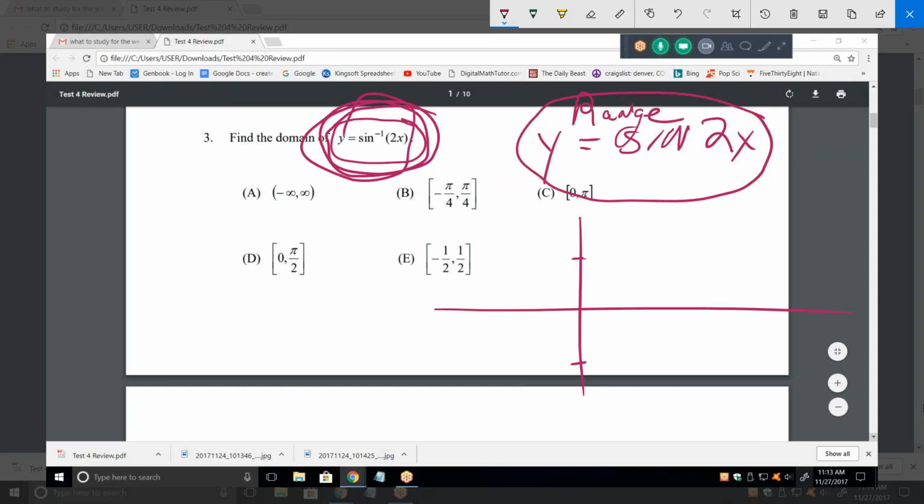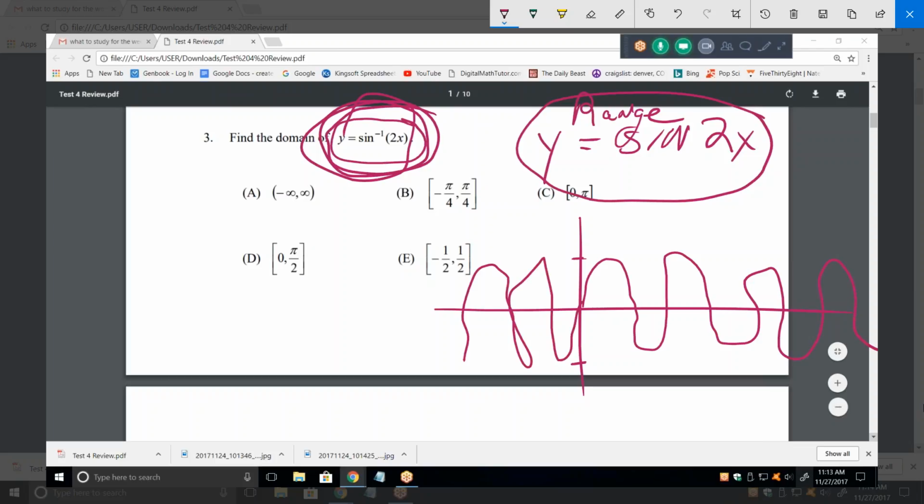So I don't really care what x's domain is, but if I were to graph this, it actually looks like this. Where that's 1 and that's minus 1. In other words, this is a horizontal shrink factor. It's not vertical. It does not change the amplitude.